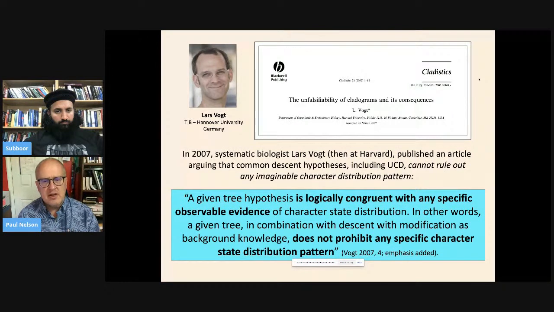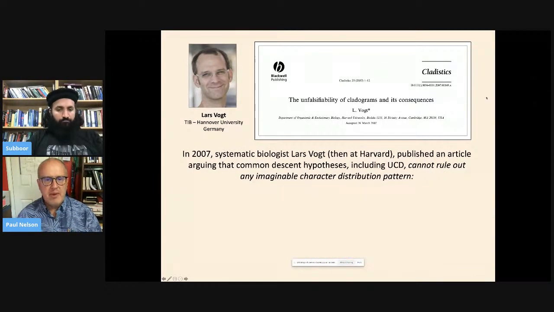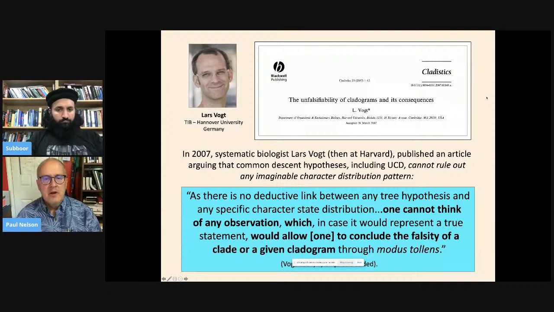A given tree, in combination with descent with modification as background knowledge, does not prohibit any specific character state distribution pattern. As he goes on, there's no deductive link between any tree hypothesis and any specific character state distribution. One cannot think of any observation which, in case it would represent a true statement, would allow one to conclude the falsity of a clade or a given cladogram through modus tollens. Okay.